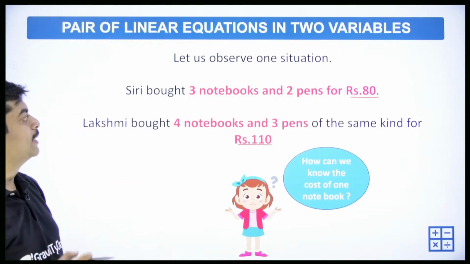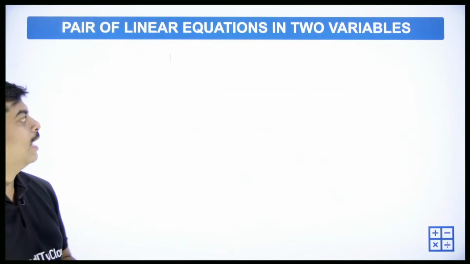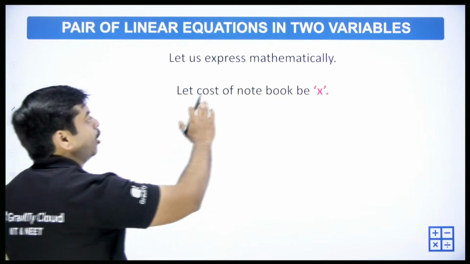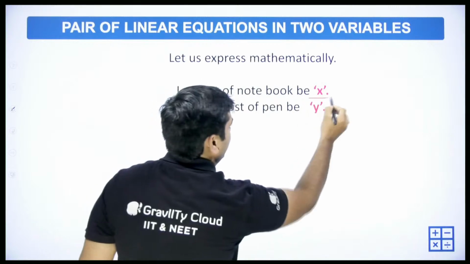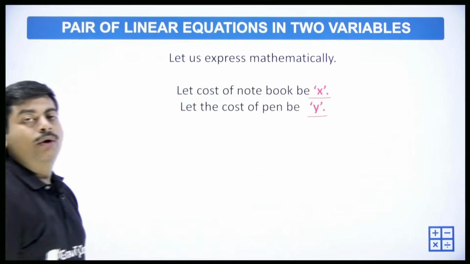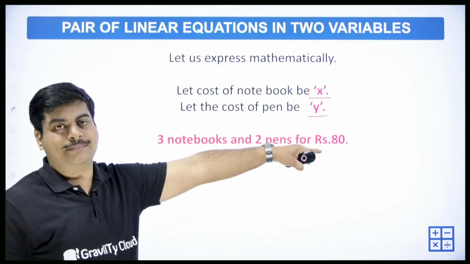Let us represent the cost of one notebook as x and the cost of one pen as y. Siri has bought 3 notebooks and 2 pens for rupees 80.